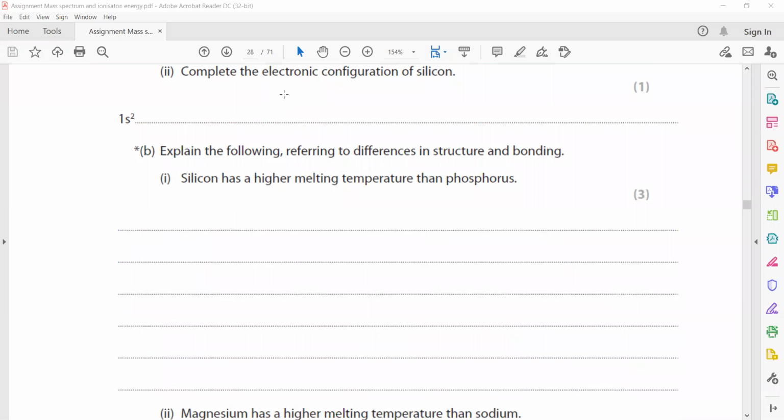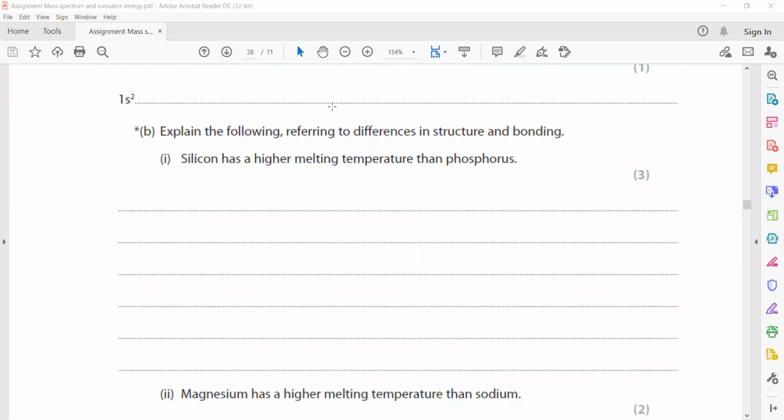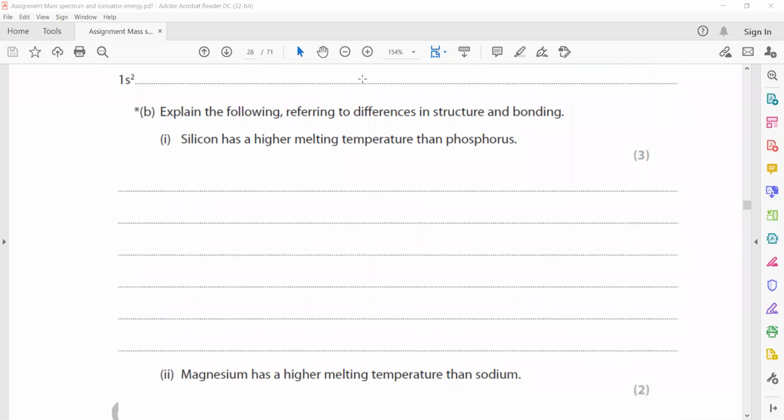Explain the following, referring to the difference in structure and bonding. Silicon has a higher melting temperature than phosphorus. Why? Because silicon forms four bonds, and it tends to form a macromolecule, a giant structure, whereas phosphorus is a simple molecular structure.